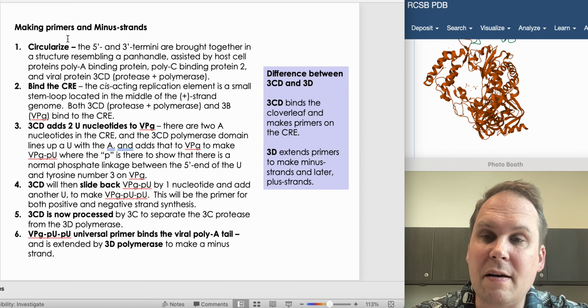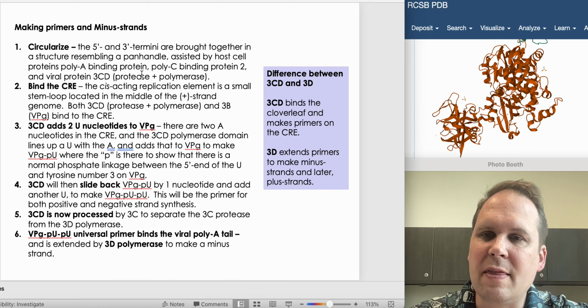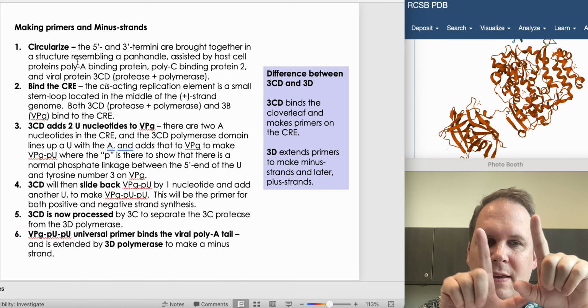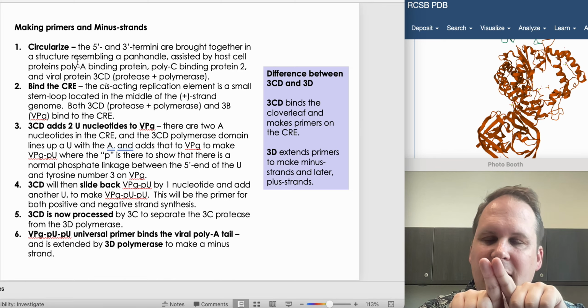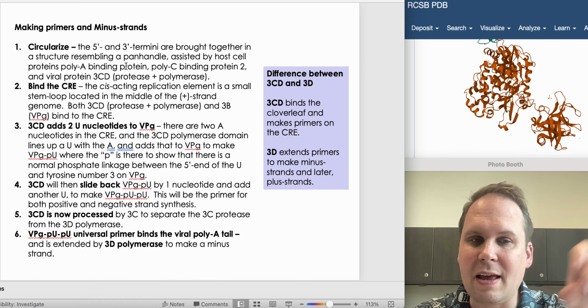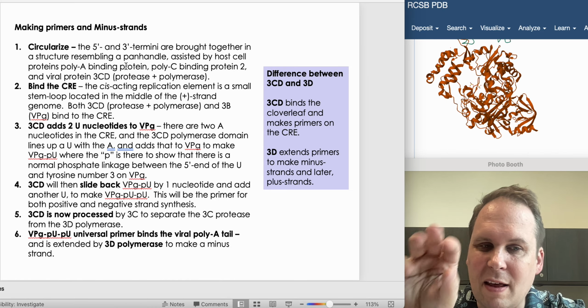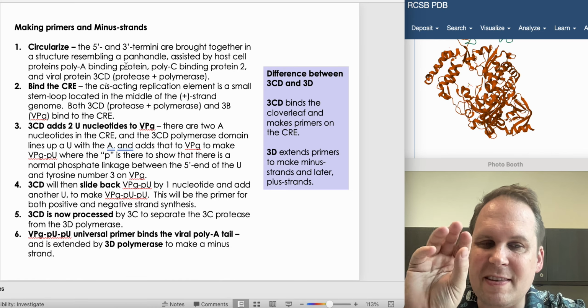Now, in the case of Picornaviruses, the binding of those two ends together is going to be assisted by poly A binding protein, binding to the poly A tail, and poly C binding protein, which binds a tract of a lot of C's up near the 5' end of the genome. And so the poly C protein is here, the poly A binding protein is here.